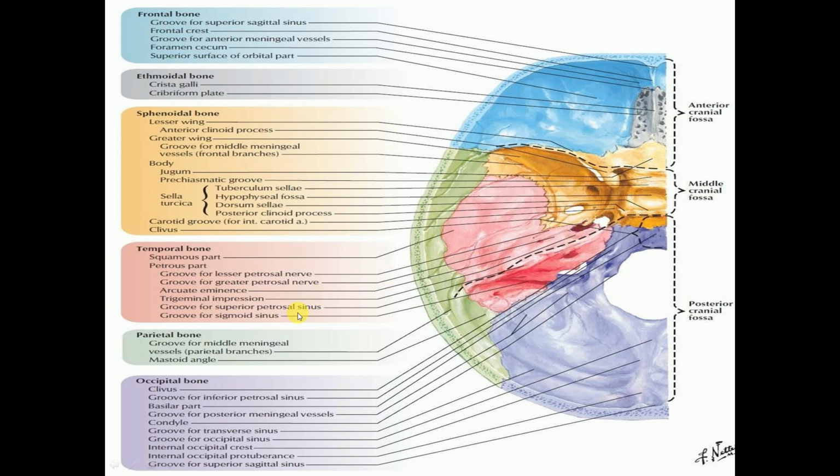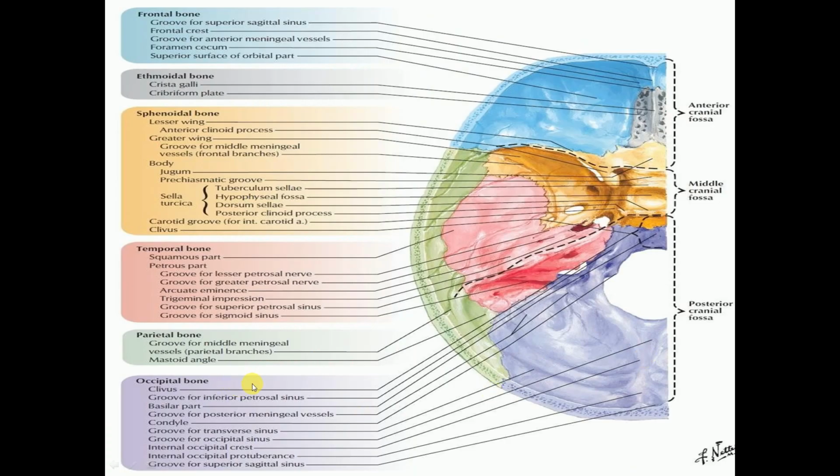And this is your groove for your sigmoid sinus. In your parietal bone, you have your branches of the middle meningeal artery and your mastoid angle. This is your mastoid angle, and your posterior cranial fossa is a very large part.